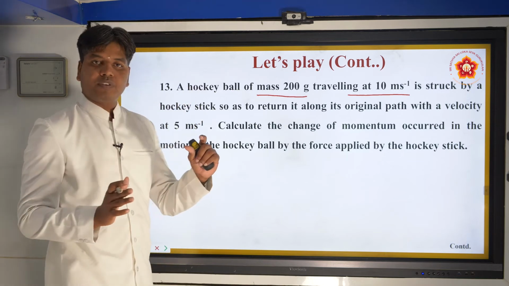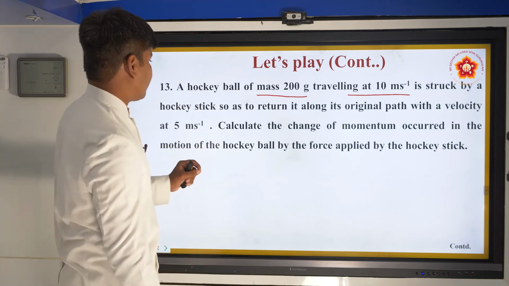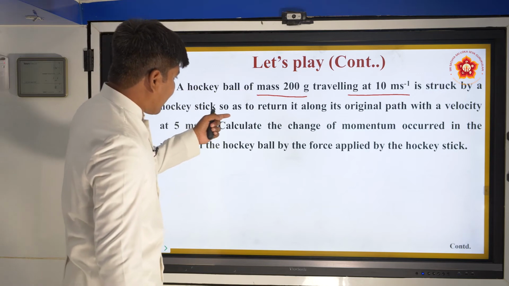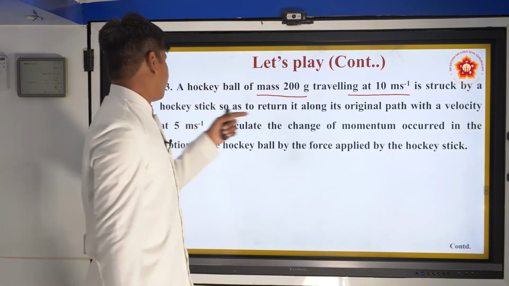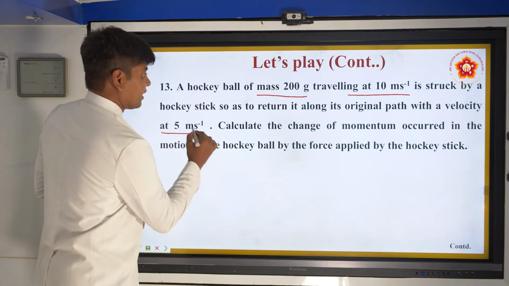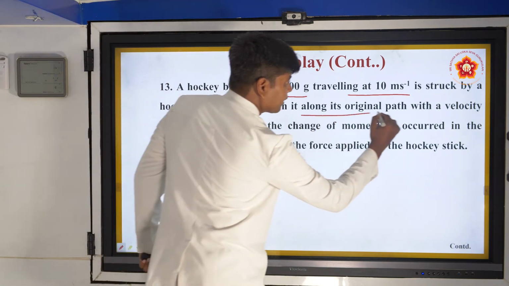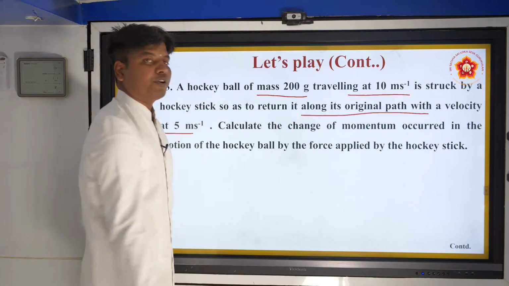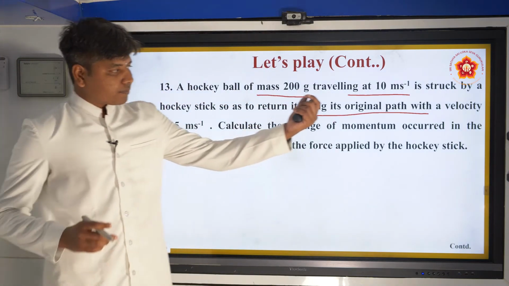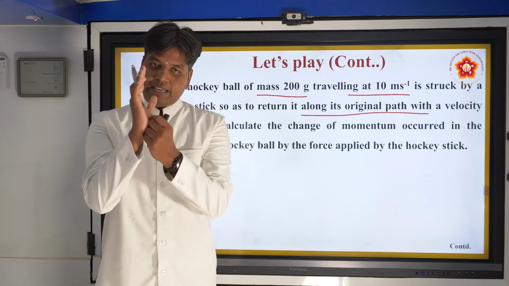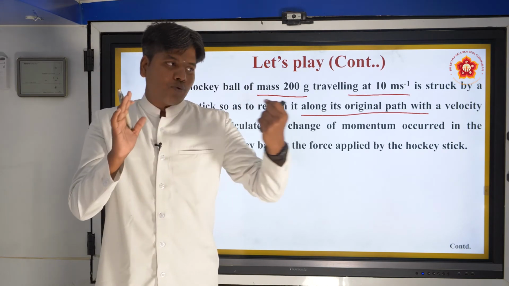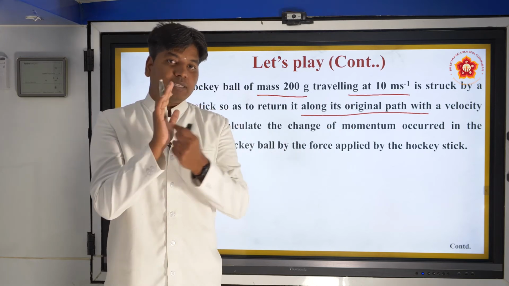Along its original path. This is also important, because if it is coming in this direction and the hockey stick hits it and it goes back along the same original path, this is a great hint.